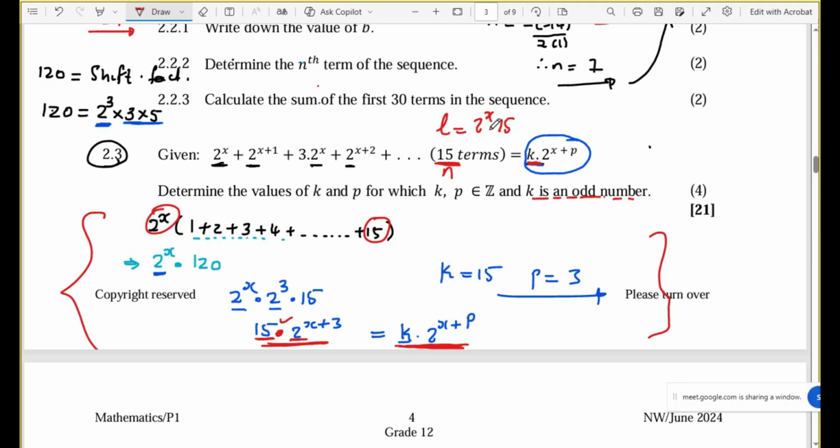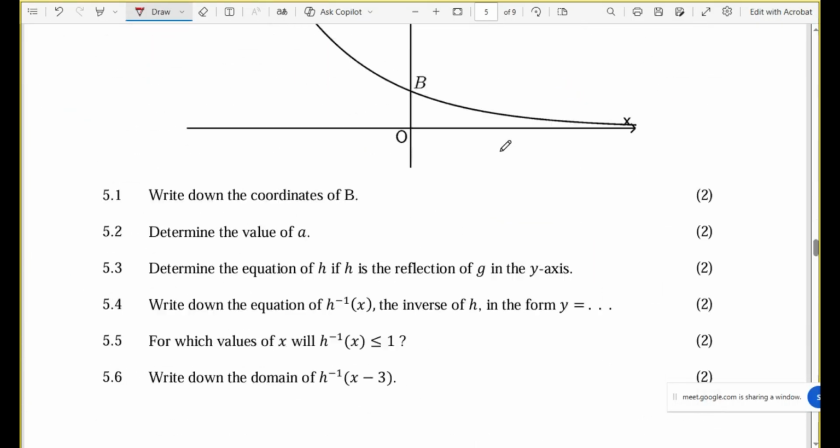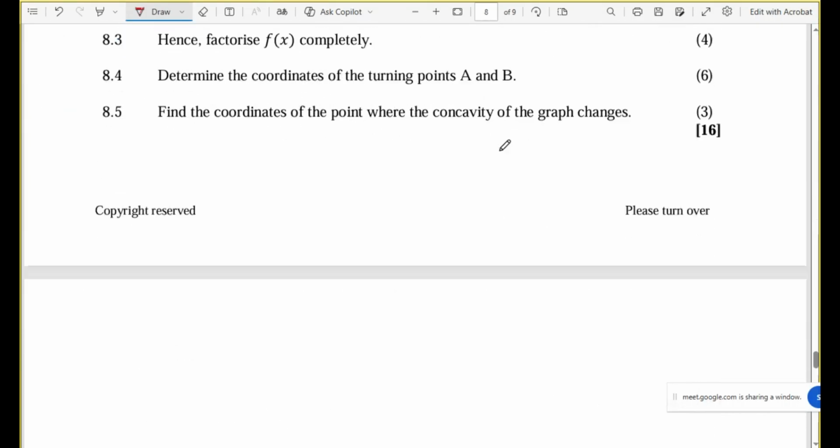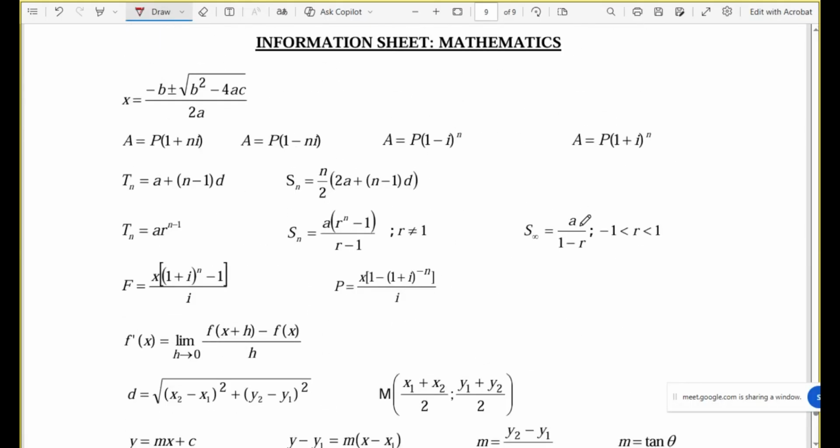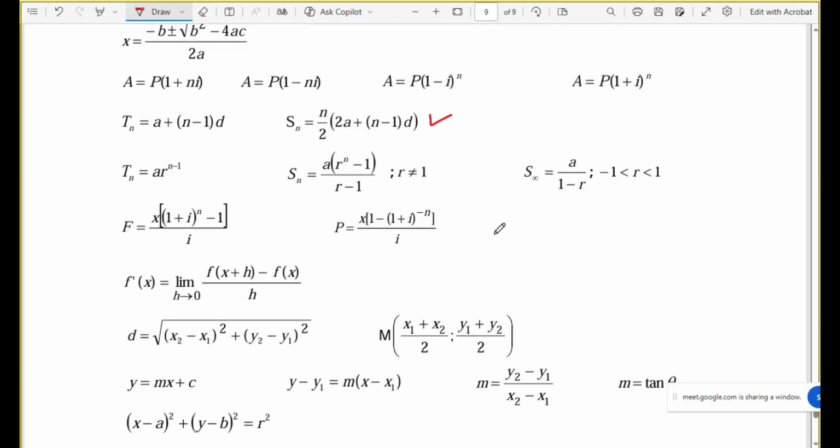That's the last term. Let me quickly move to my formula sheet and see what I have. I'm not sure if there's a formula sheet here. There it is. So now I'm going to choose either this formula or the one that has the last term. I'm not sure if this is arithmetic or geometric, but we'll definitely confirm that.